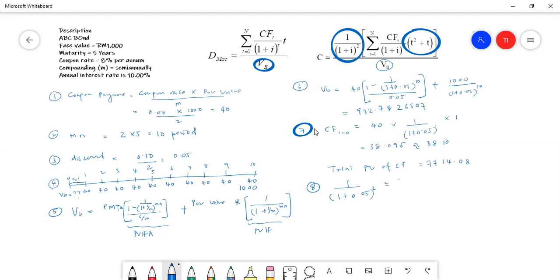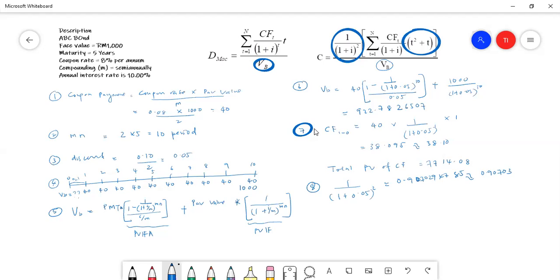So you will get 0.90703, which is 0.907029.